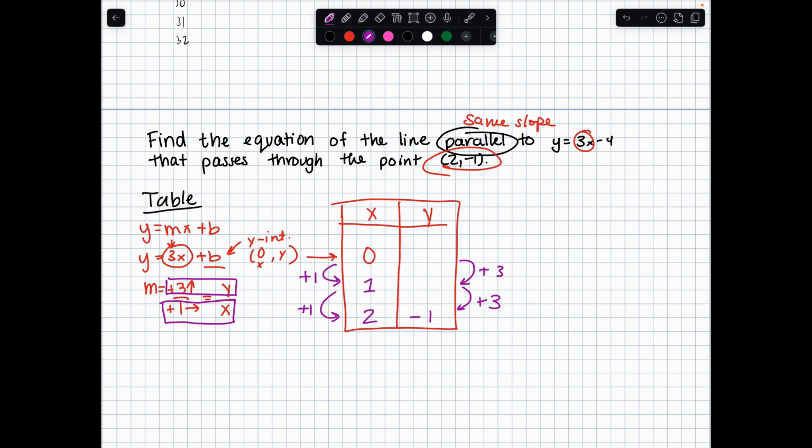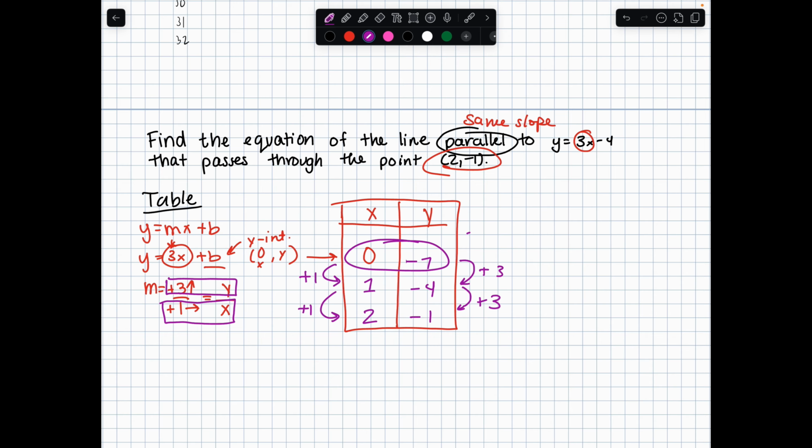So, if we go backwards, -1 instead of plus 3 would be -1 minus 3, which would be -4. -4 minus 3 would be -7. And now it makes sense. Starting from 0, -7. If we're increasing by 3, the negative number should be increasing. So now we have a y-intercept, (0, -7).